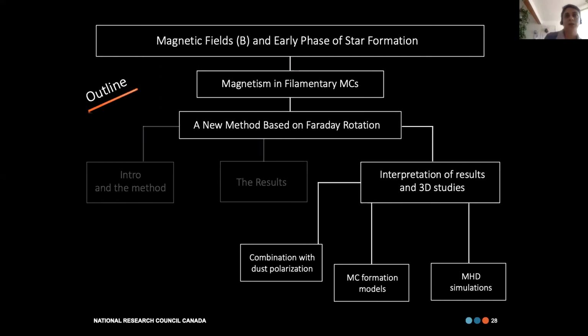Okay, so we decided to explore these further and see how easy it is to form reversals in MHD simulations. Is it very easy to form reversals in different orientations, or more specifically, how easy is it to form helical fields?